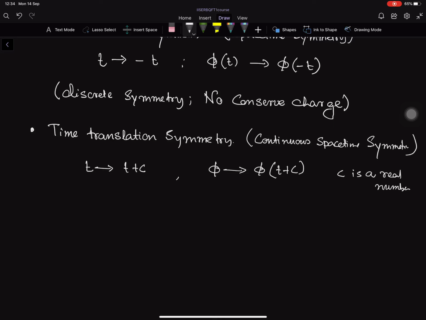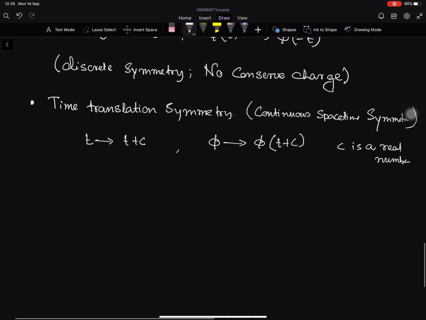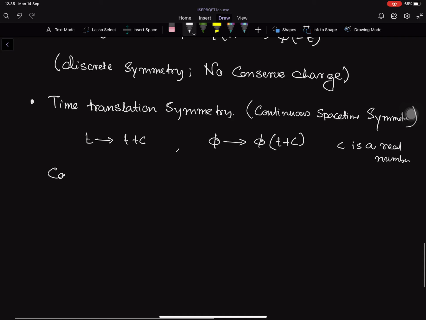Since this is a continuous symmetry, it comes with a conserved quantity.